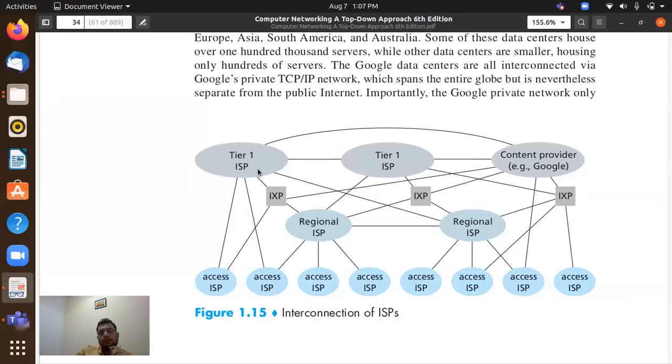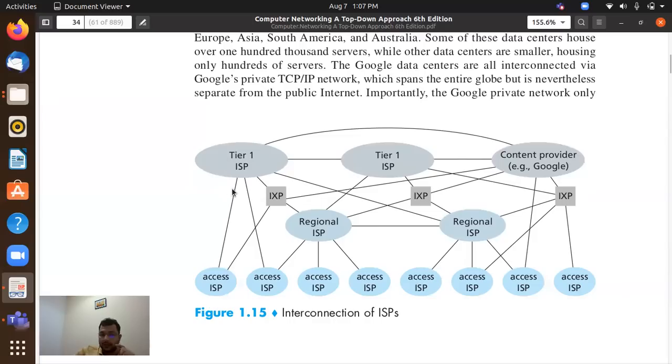And because it is providing services to the access service providers, it wants to give service without any fault. So it may be possible that this regional service provider is connected to only a single tier 1 service provider.